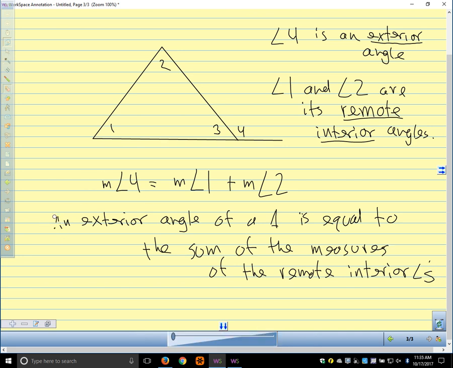And I should say the measure of here. An exterior angle is equal to the sum of the measures of the remote interior angles.